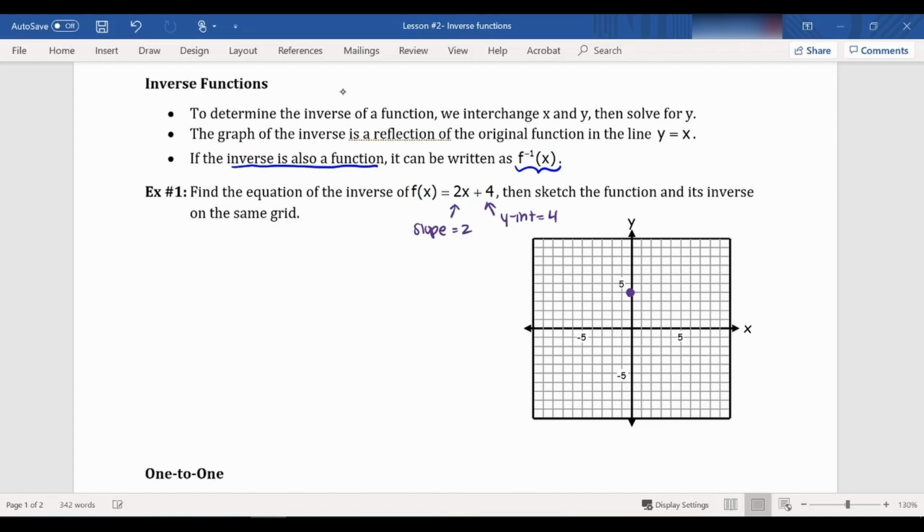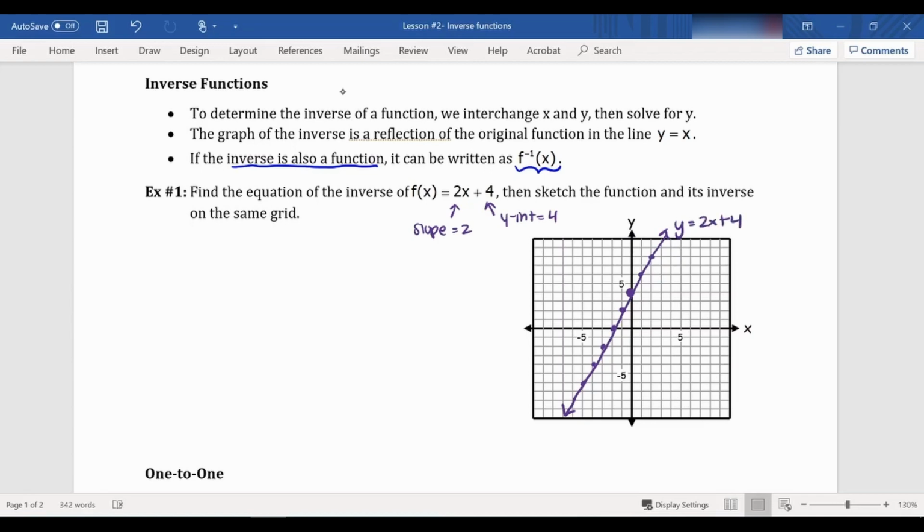So rise over run is 2 over 1, up 2 over 1. Okay, that would be our original function.